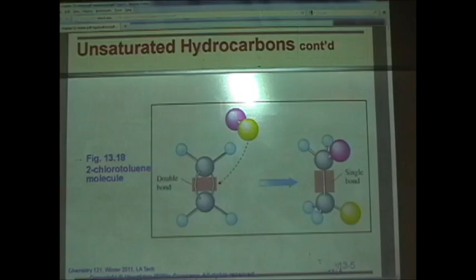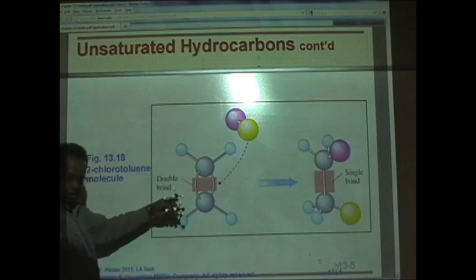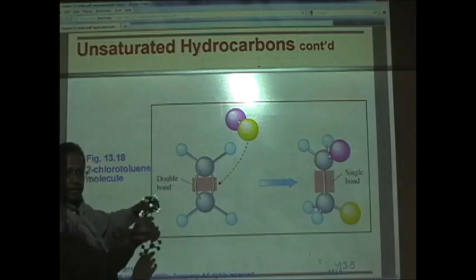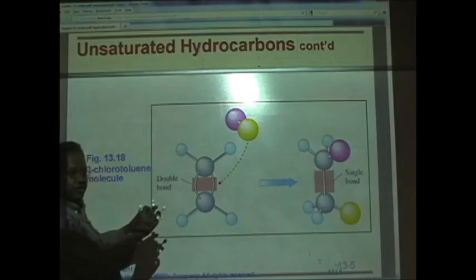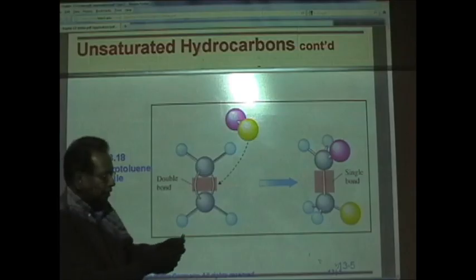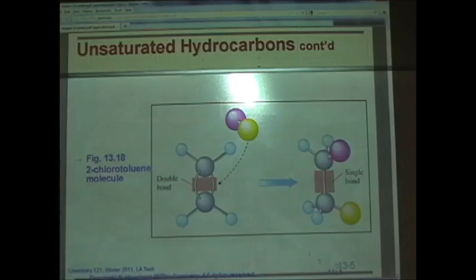For example, when you have a double bond like this and a single bond like that here, the single bond you can rotate freely, right? So we describe it as a single bond showing free rotation around the bond. This is important to understand the conformation. But now, if you have a double bond somewhere here, you cannot rotate. Therefore, it constrains the molecule.